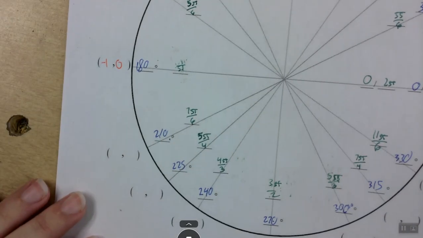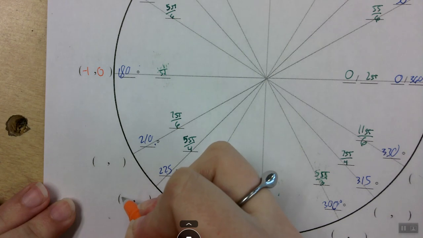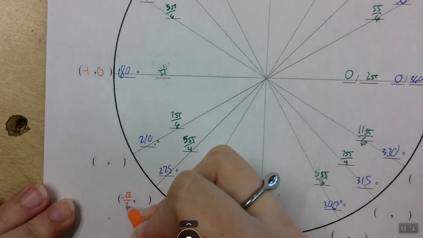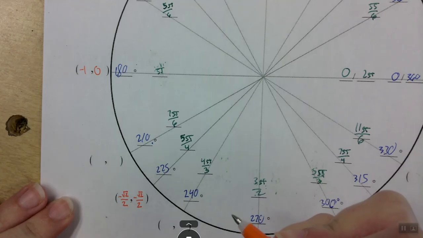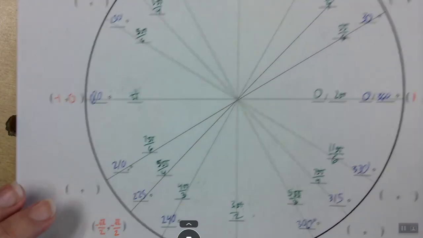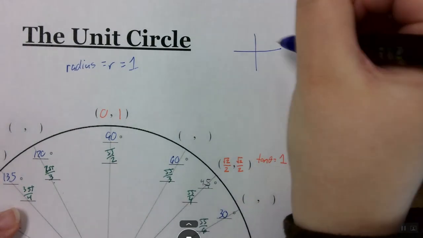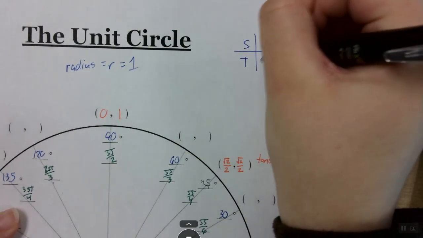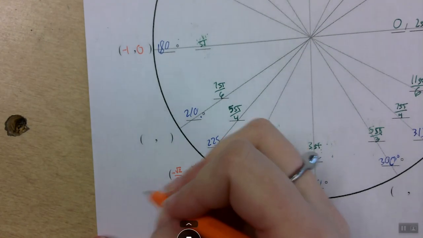Down below in the third quadrant, at 225, it's negative square root of 2 over 2, negative square root of 2 over 2. What would tangent be over here? Remember, all students take calculus. Tangent is positive down below, so it's still 1.